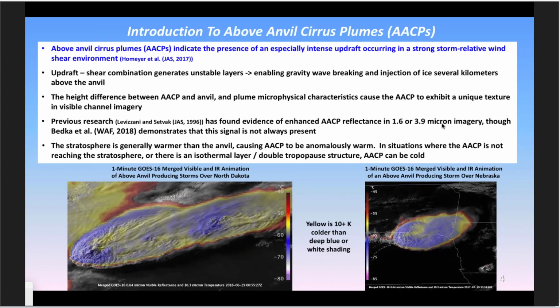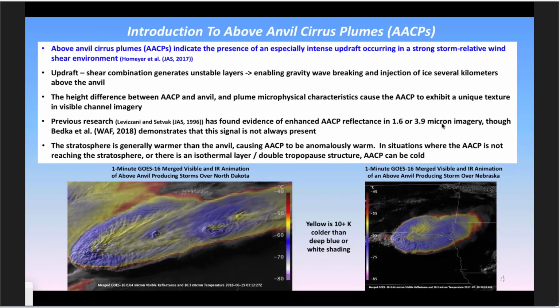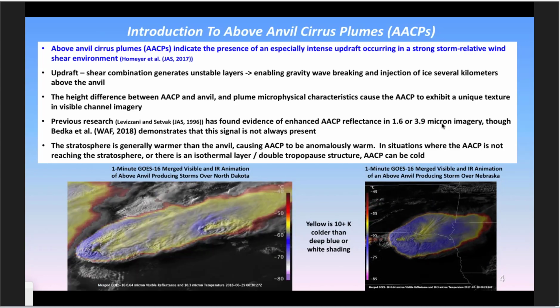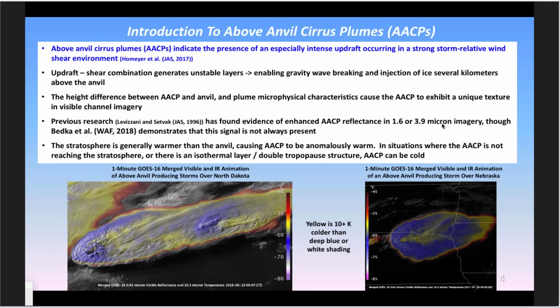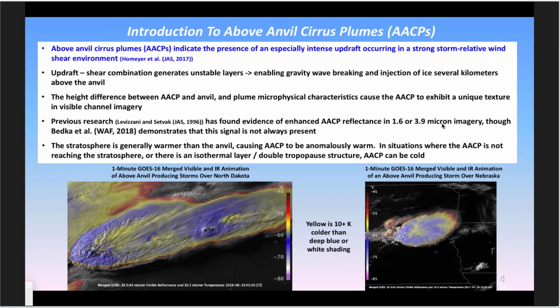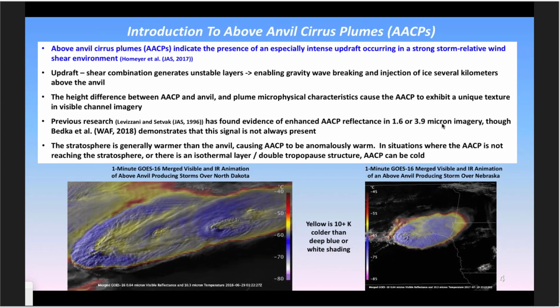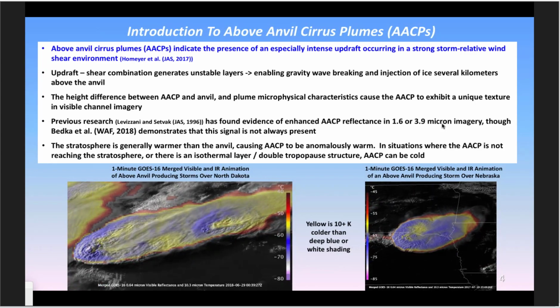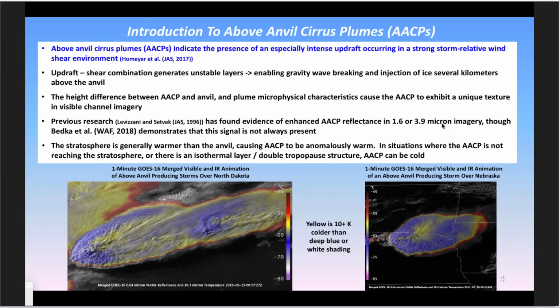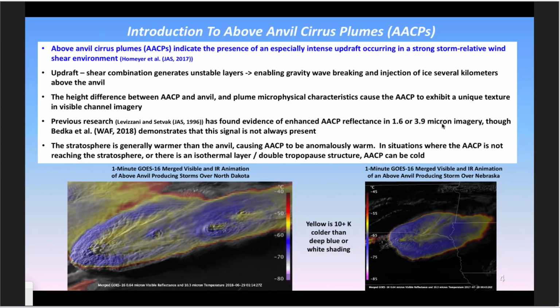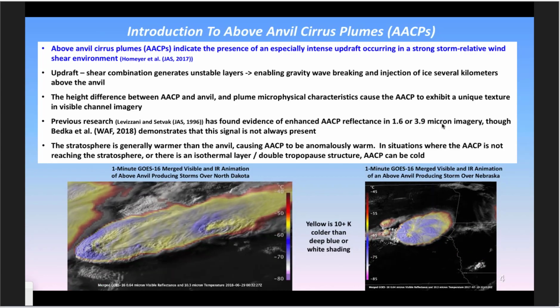And so when you have this, we have overshooting tops all the time, but you don't necessarily see plumes being generated from them. So these are a special subspecies of storms where you have this really incredibly strong updraft coupled with the shear, and that helps to generate unstable layers near the cloud top, which enables gravity wave breaking.